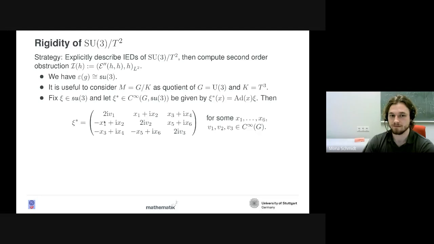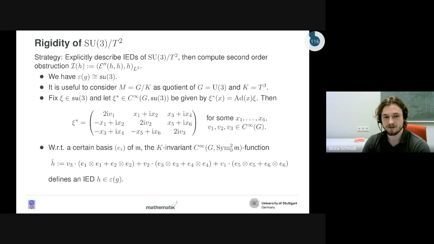And now, SU3 is the set of 3 times 3 matrices that are trace-free and skew-Hermitian. So we can write it like this, where these are some smooth functions on G. Then, also according to this matrix structure, we can take a basis of the reductive complement.